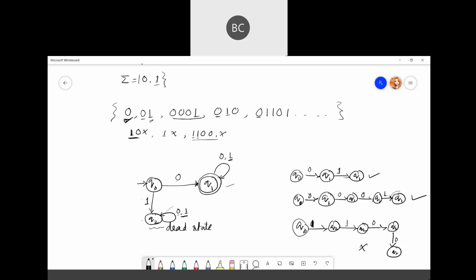This string will accept all strings starting with 0. This one example. Clear?